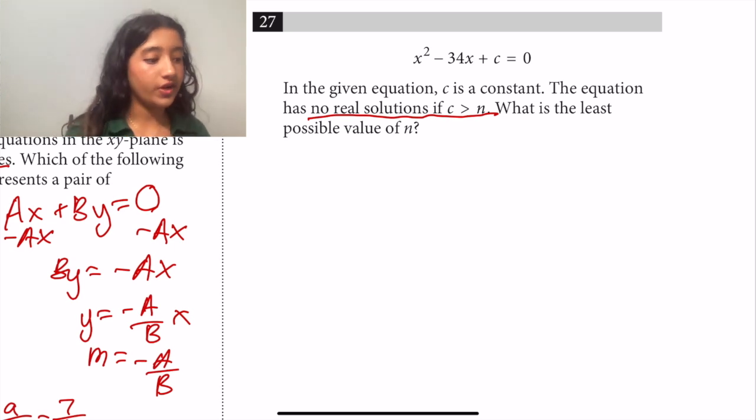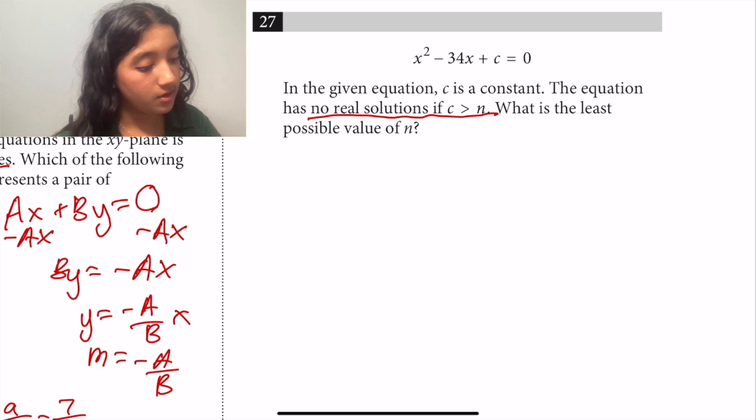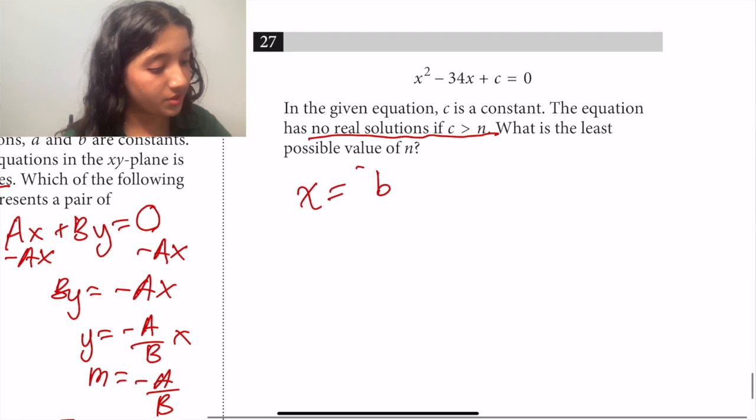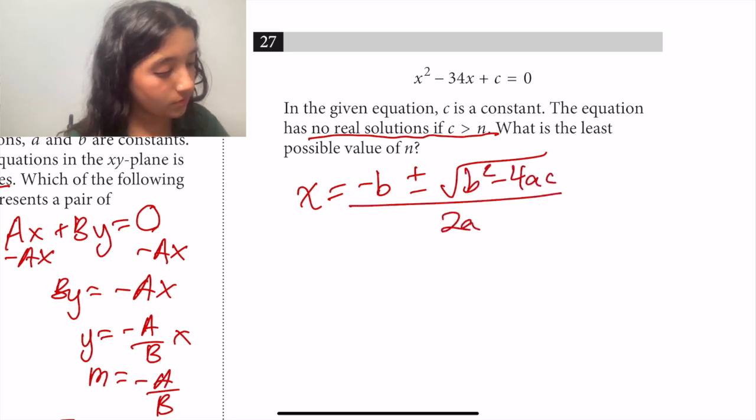So we want to find some range of values of c such that there are no real solutions to this equation. We know that given a quadratic equation, x equals negative b plus or minus the square root of b squared minus 4ac, divided by 2a, where a is equal to 1 because of the coefficient here, b is equal to -34, and c is equal to c.